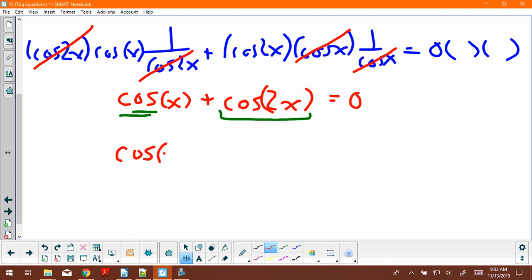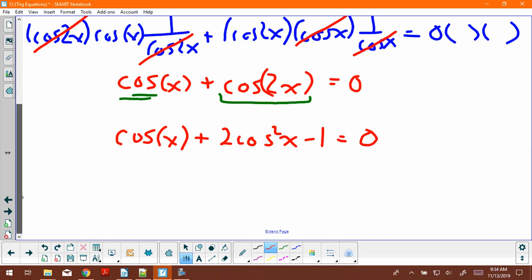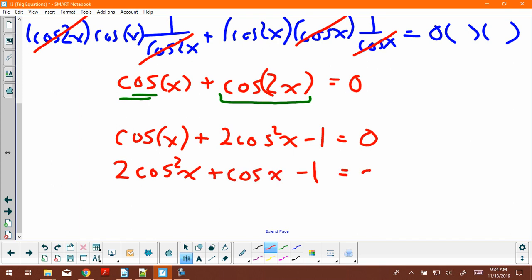So I'm going to replace cos 2x with 2 cos squared x minus 1, and that's equal to 0. I'm just going to rearrange this a tiny bit. Basically, this kind of looks like a quadratic: 2 cos squared x plus cos of x minus 1.